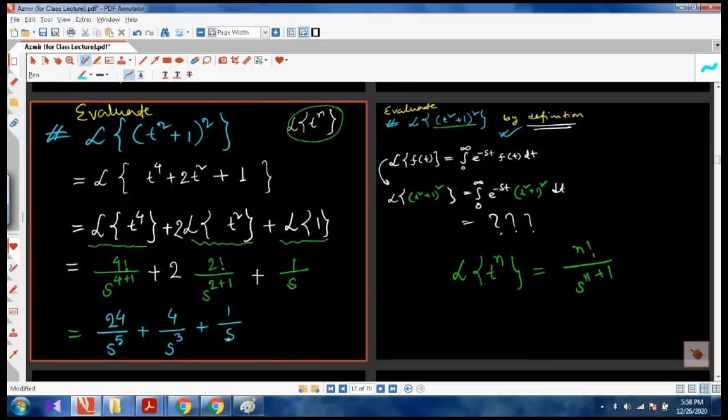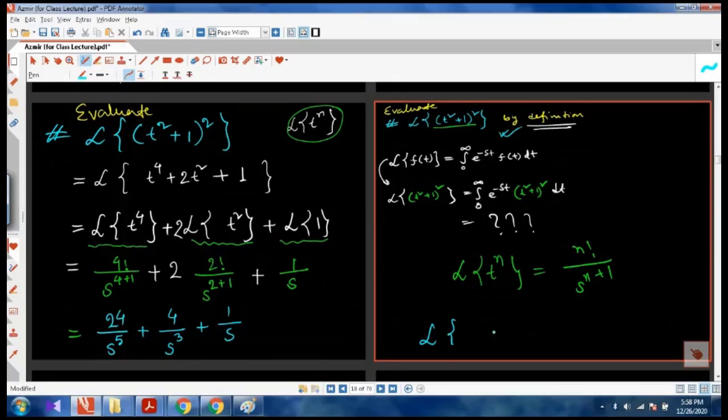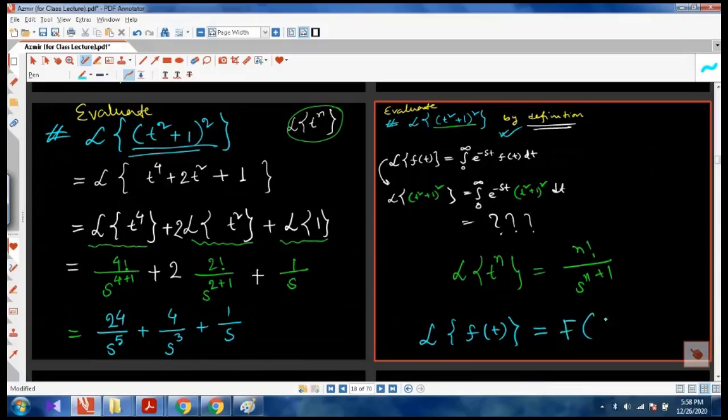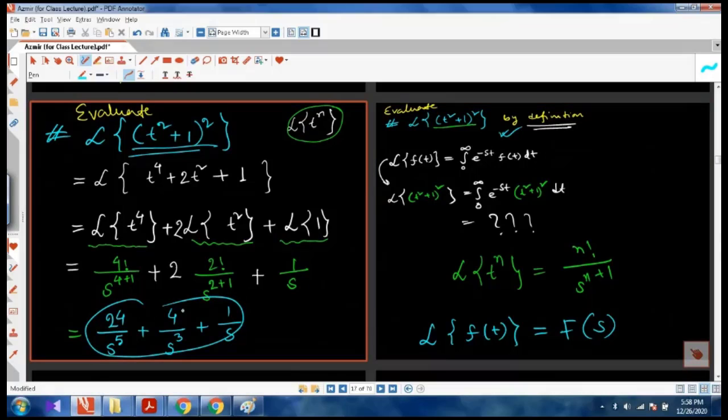So see, every time the theory is true. That is, Laplace transform of any function with time variable will give us an algebraic function with s variable. So see, we have found the result. So this is actually capital F(s). So have you understood this one? Yes, sir.